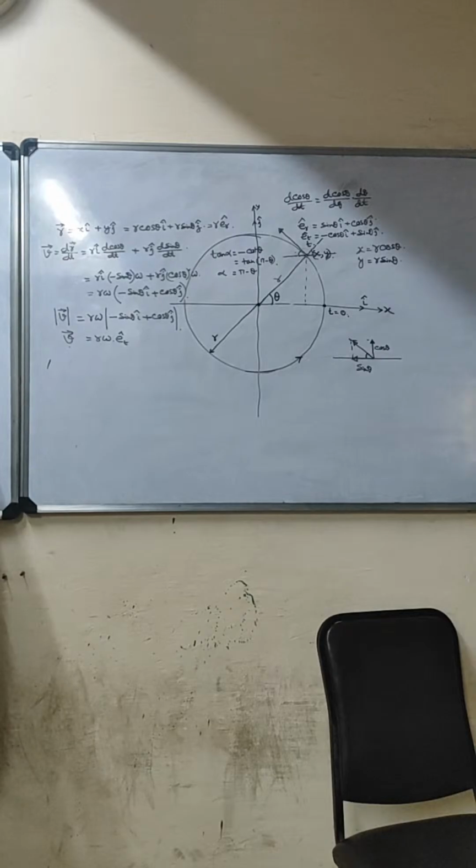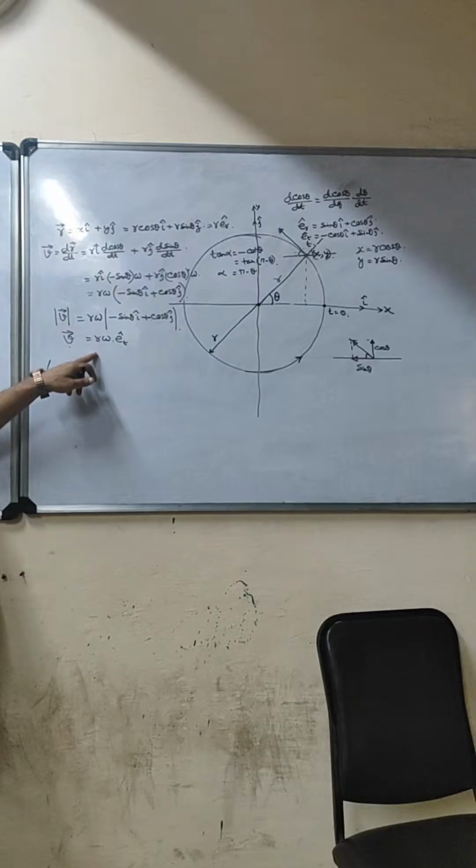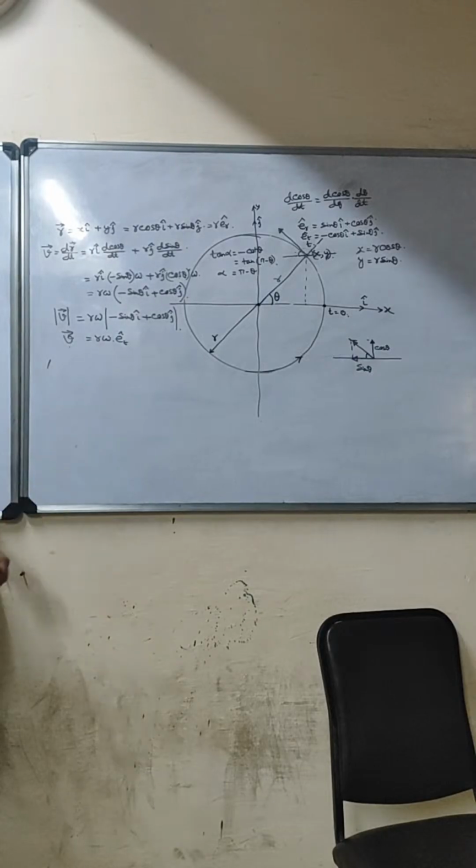Direction is along the tangent to the circle at that point. This is mathematically we have proved that in a circular motion, at any instant, if its angular velocity is omega, then its tangential velocity is of r omega magnitude and direction is along the tangent. Clear?